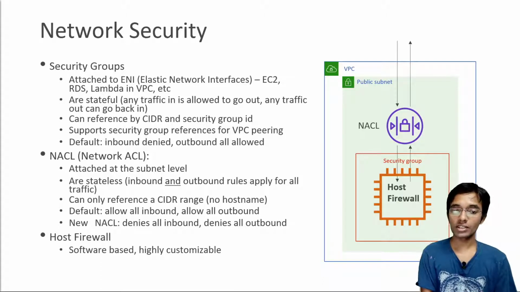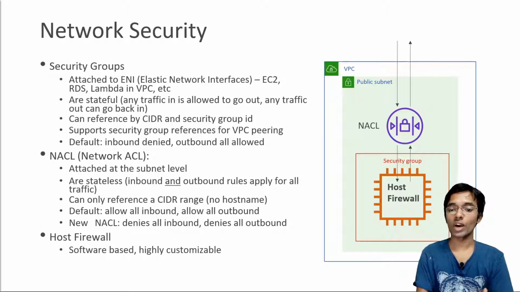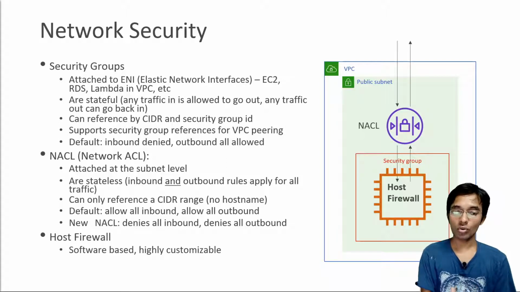That means that any traffic that is going in is allowed to go back, and vice versa. Any traffic that goes out is allowed to go back in. This is quite helpful because you don't need to worry about a response coming back if you are making a request outside.